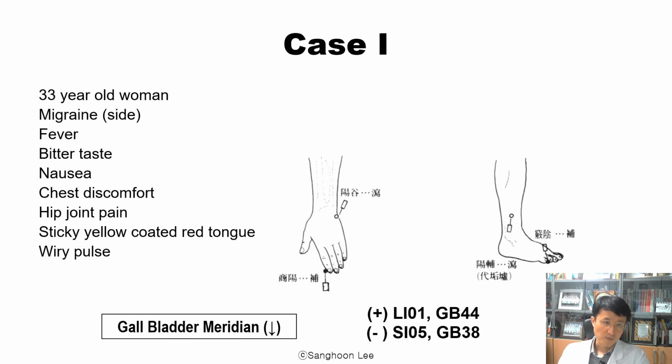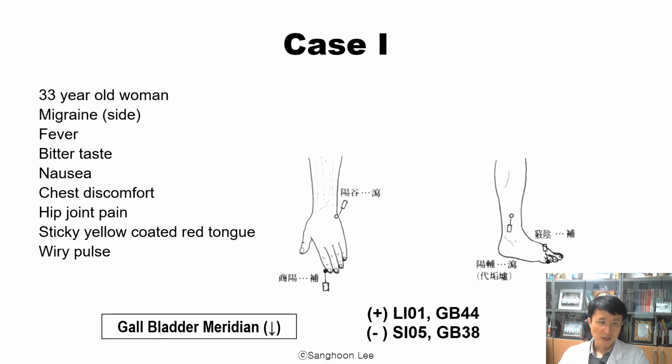meridian pathway. And in traditional East Asian medicine, tongue and pulse diagnosis is important to differentiate between deficiency syndrome and excess syndrome. Sticky yellow coated red tongue and wiry pulse is excess syndrome.